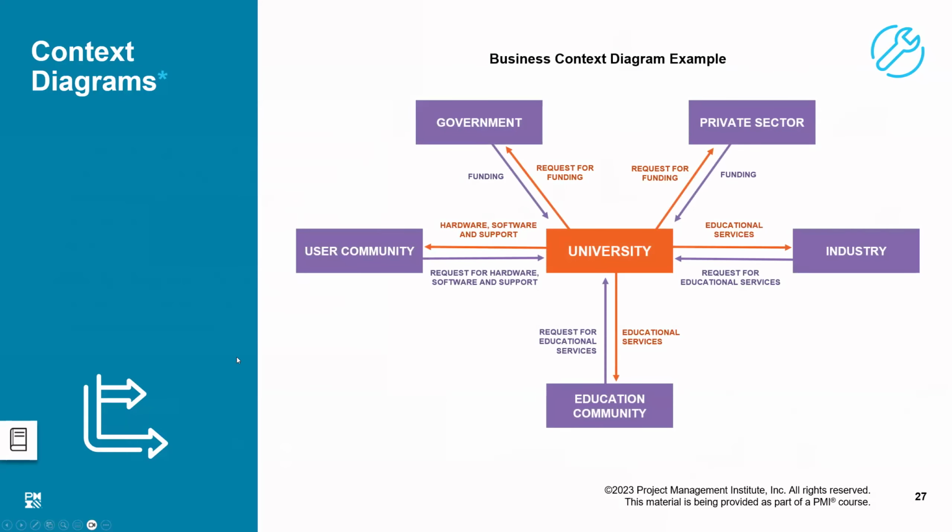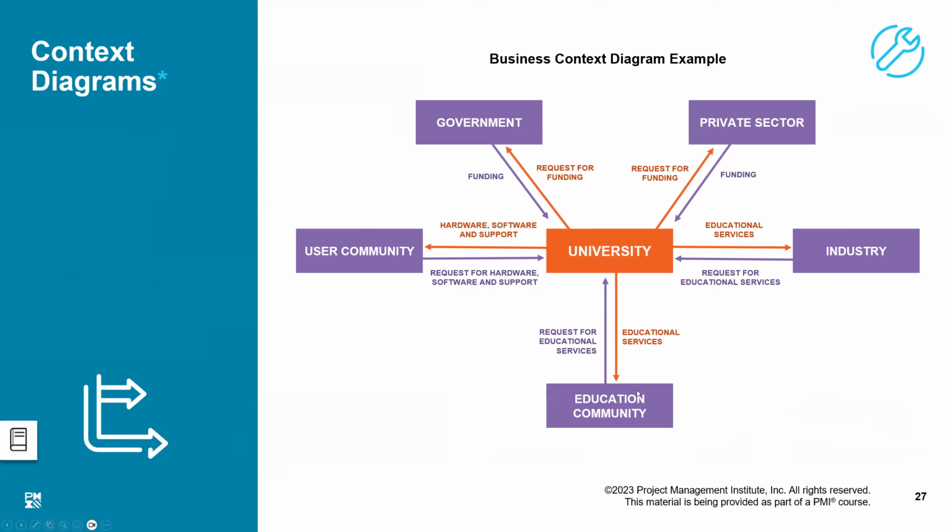Context diagram is yet another very simple tool which is used in all types of methodologies, especially in the predictive one. For example, you're trying to establish a university. Your university is supposed to be interacting with some stakeholder groups. So you could have various interests to and fro with that stakeholder group.